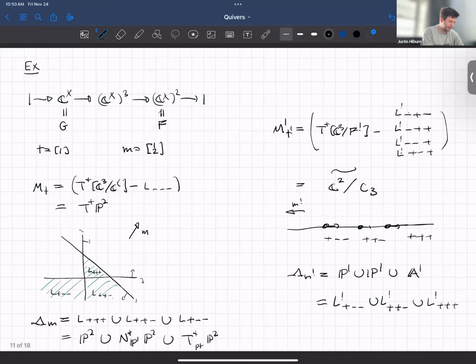So let's do this in an example. The example that I'd like to study is say T star P1. So in this case, you have C3 with the diagonal C star. That quotient is T star P2.